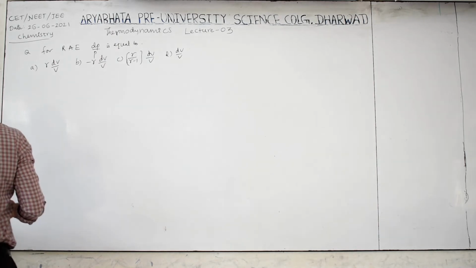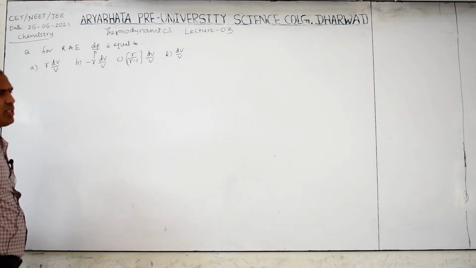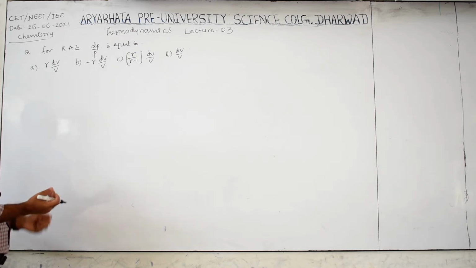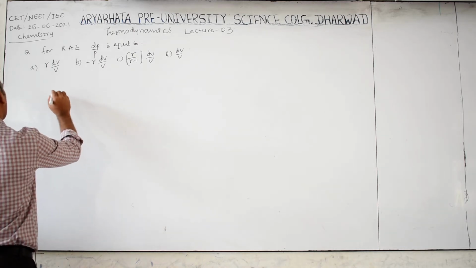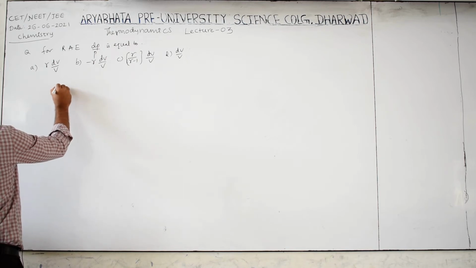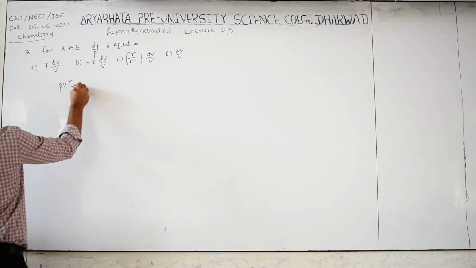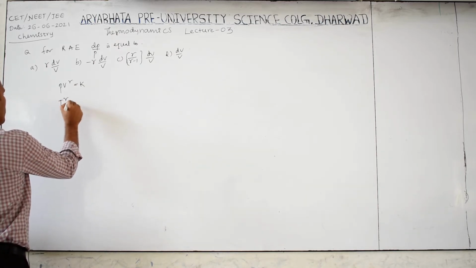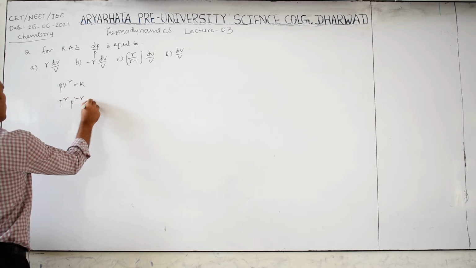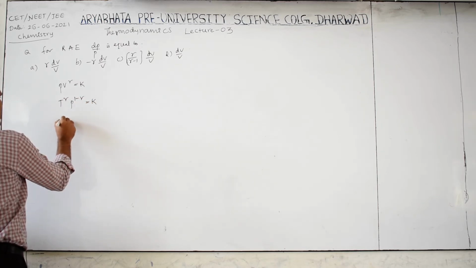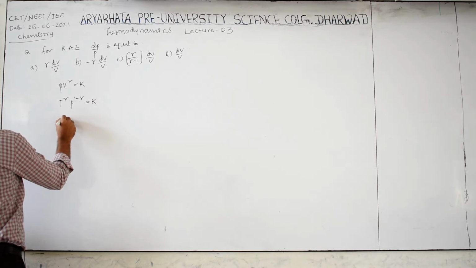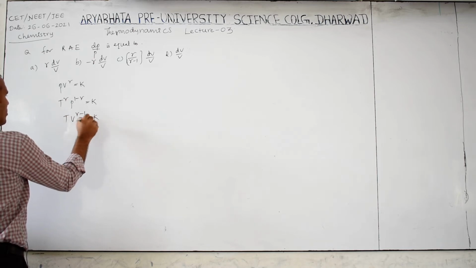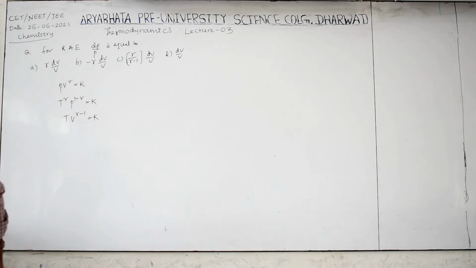This question comes in physics and also in chemistry. So you know these formulas: PV to the power gamma is equal to K, T to the power gamma P to the power 1 minus gamma is equal to K, and another is T into V to the power gamma minus 1 is equal to K. These formulas are important.